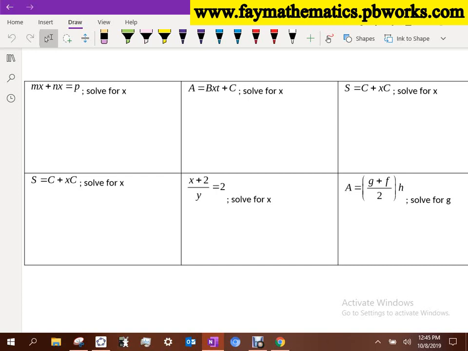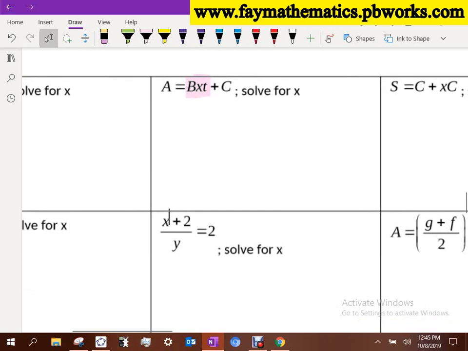So I'm going to highlight the term that X is in. Okay? And now the idea is this. If the X is the variable, that means everything else up there is supposed to be some number. We just don't know what those numbers are. Okay?